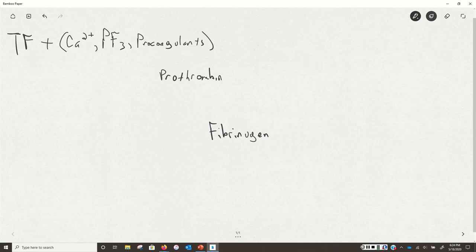Remember, it should only be released if there's tissue damage. Tissue factor interacts with the calcium and the platelet factor 3 and the procoagulants. And together, they're going to create something called prothrombinase.